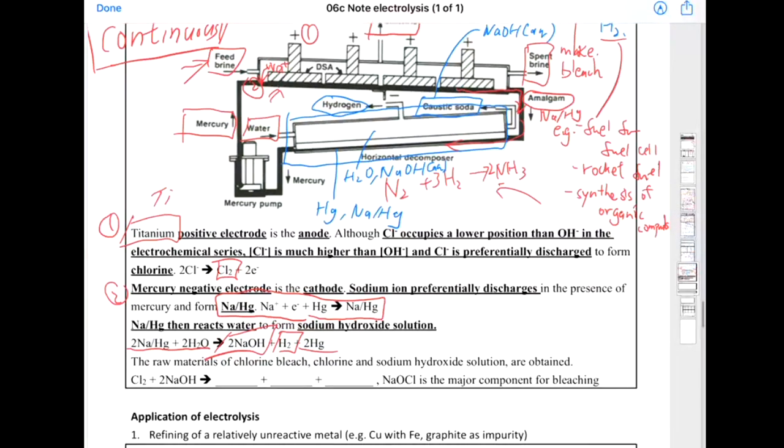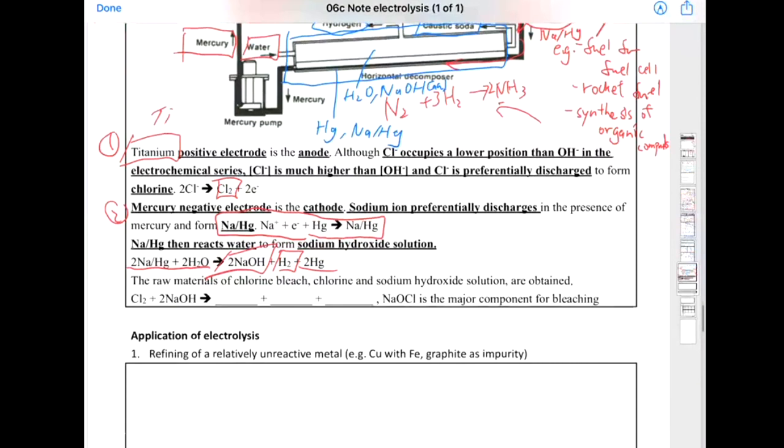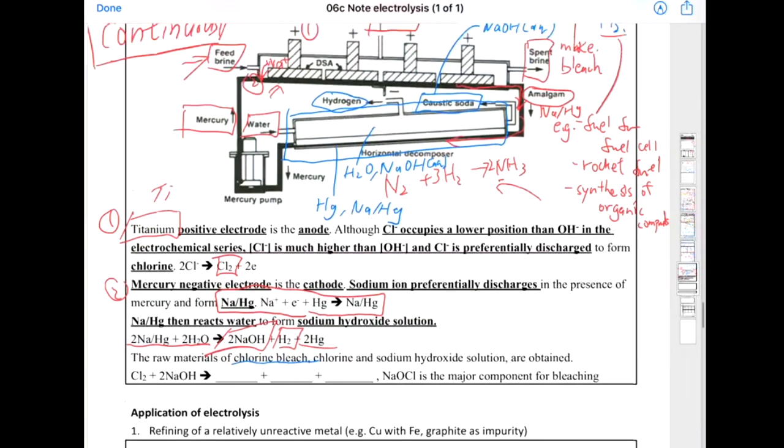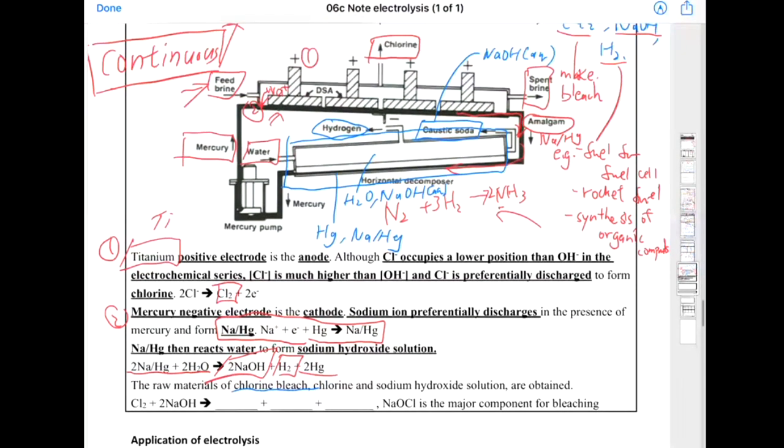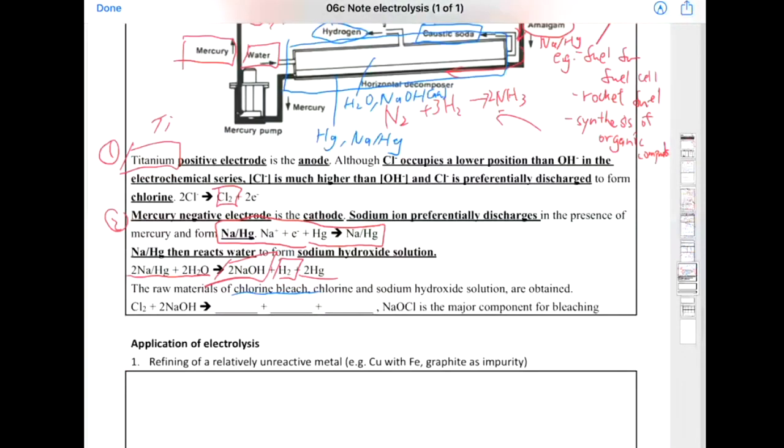Oh, and then the final part today is to talk about the equation of the formation of bleach. So at the beginning, when talking about this flowing mercury cell, someone mentioned that Cl2 and then NaOH are the raw materials for bleach. They actually react to form two products, NaOCl and NaCl, and water.